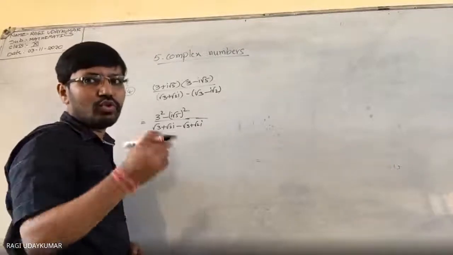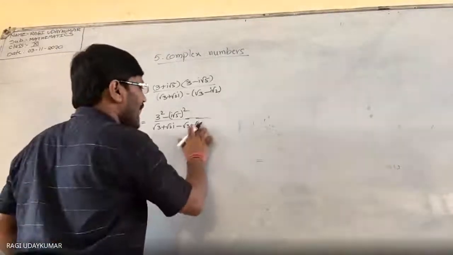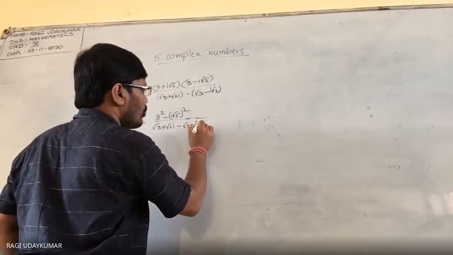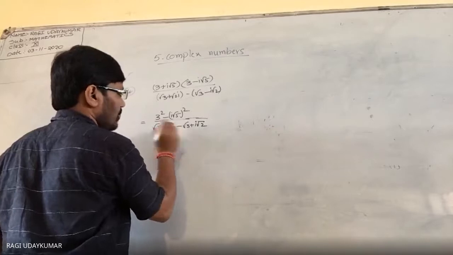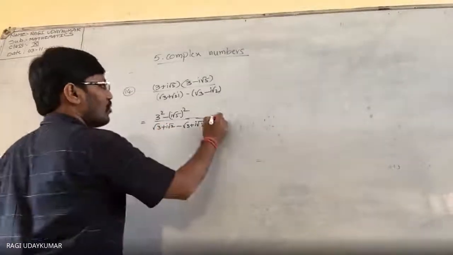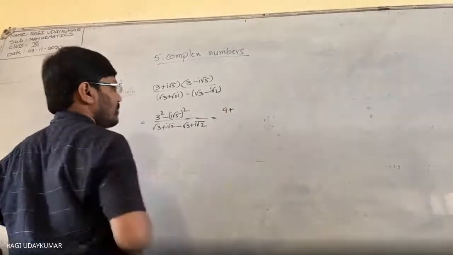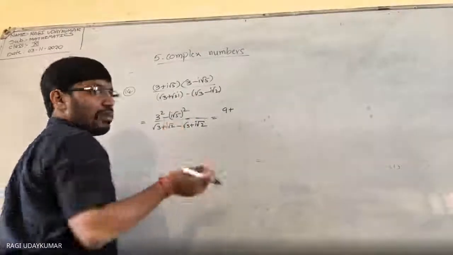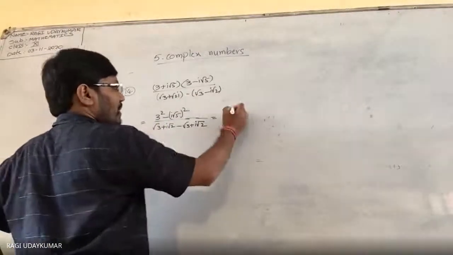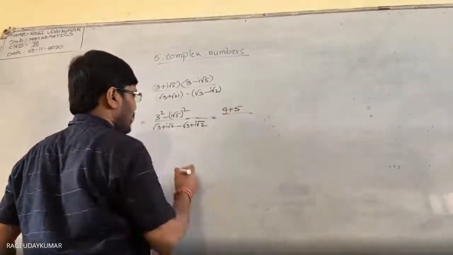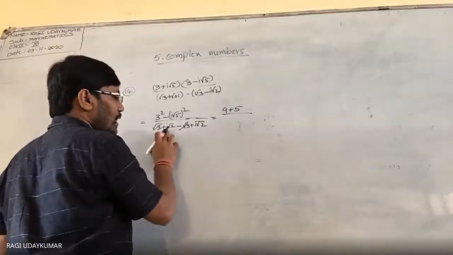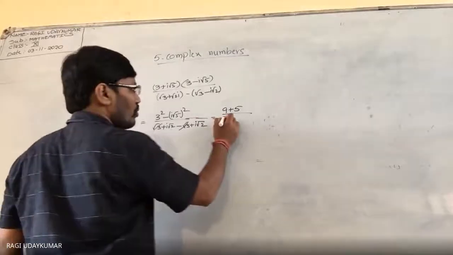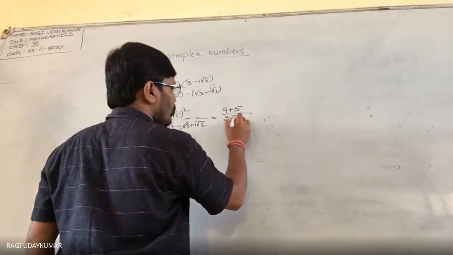Whenever you write root 2i, better to write i first: i root 2. So 3 square is 9 plus i square, which is minus 1, so minus minus 1 gives plus 5. Root 3 will get cancelled, and i root 2 plus i root 2 is 2 times i root 2.